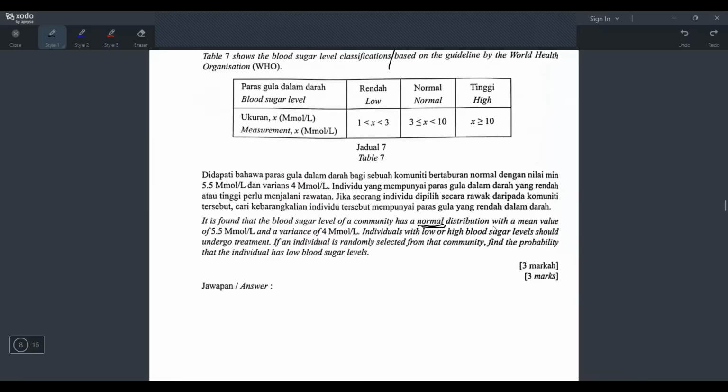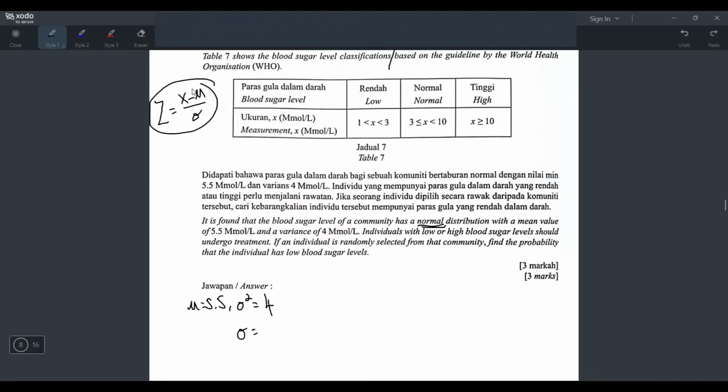Has a normal distribution with a mean of 5.5 and a variance of 4. So mean equals 5.5, variance equals 4. This is the symbol for variance. And let me tell you, when you're doing normal distribution, you will always use the mean and standard deviation. Because the formula to change to z is x minus mean divided by standard deviation.